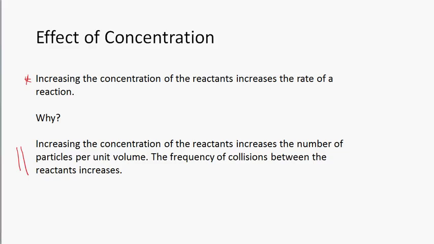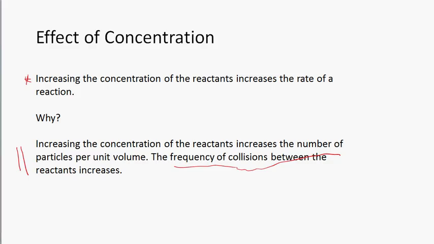What this means is that the collision frequency, or the frequency of collisions between the reactants increases. Now, for a reaction to take place, the reactants must come into contact with each other. They must collide, and they must collide a certain way.